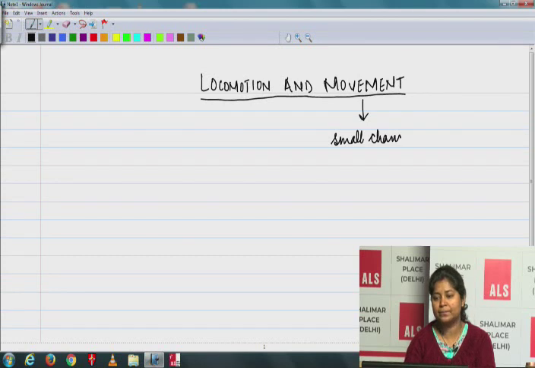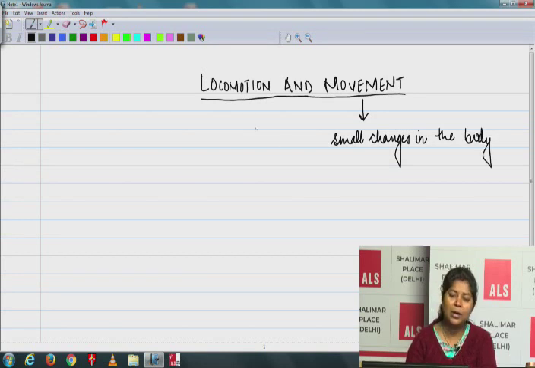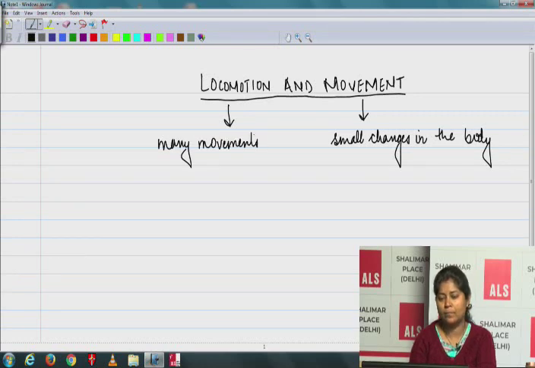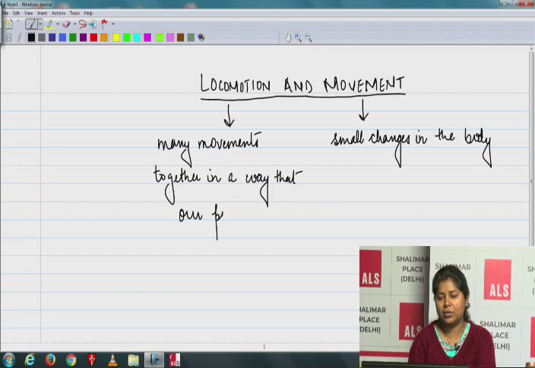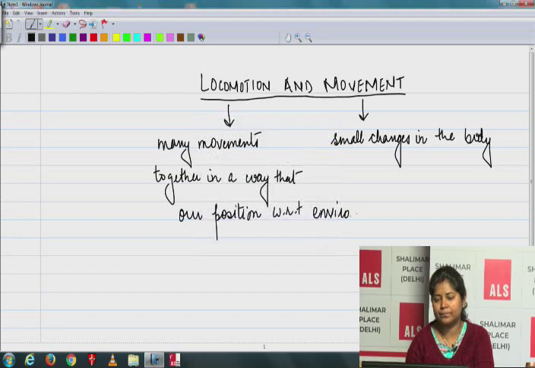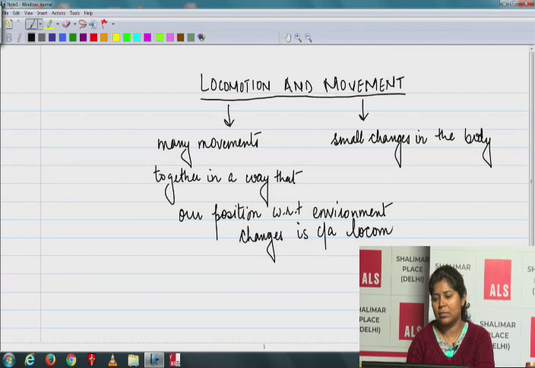There are small changes in the body. So when you take many movements together, in a way that our position with respect to the environment changes, it is called locomotion.